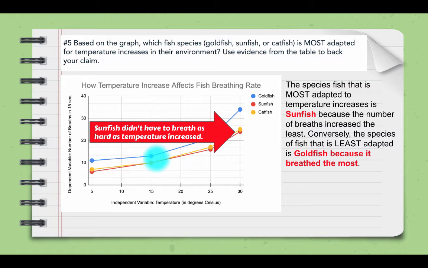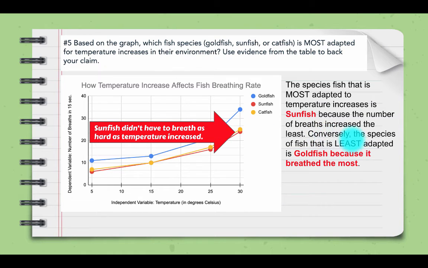So we can infer that the sunfish didn't have as much of an issue with breathing as the temperature increased, whereas the goldfish had to breathe much, much more, and the catfish had to breathe a little bit more. So we can infer that the sunfish is the most adapted, the most able to deal with that new environment compared to the other two fish.